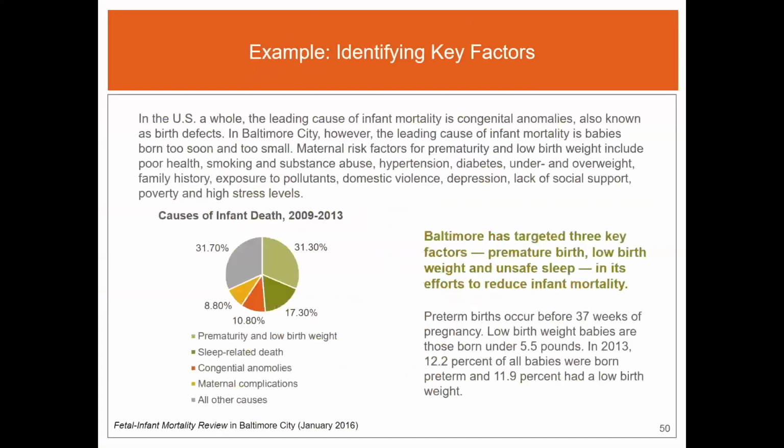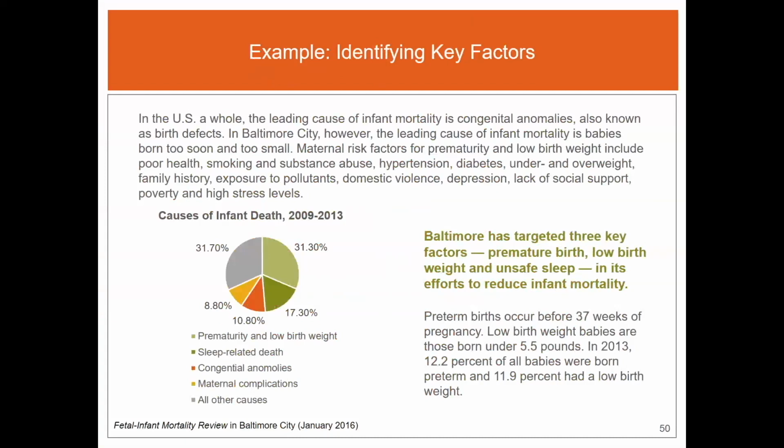Here's a nice example from Baltimore, a cross-sector group of folks in the city, very concerned about infant mortality. They tried to figure out what is it that we're not doing that we need to do better, that we need to do more of. And their factor analysis yielded a lot of potential causes that were driving infant mortality in the wrong direction in the city of Baltimore, but they were able to prioritize 3 that seemed really powerful and really actionable.